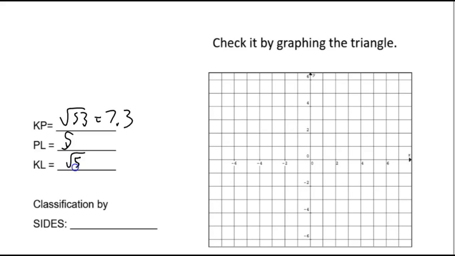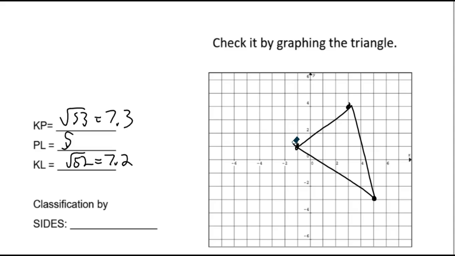And we had square root of 52, which was 7.2. So let's go ahead and plot that. Put the points on. 5, negative 3. Right there. 3, 4. Right there. And negative 1, positive 1. Right there. And you should use a straight edge for this.